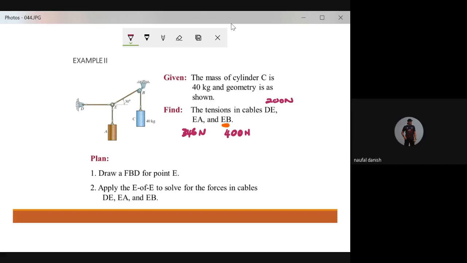Fine. Tension in cable DE, EA and EB. You sampai stage mana? Saya dapat EA dengan EB je. Is it the same one? Ya. Okay. DE tak dapat?